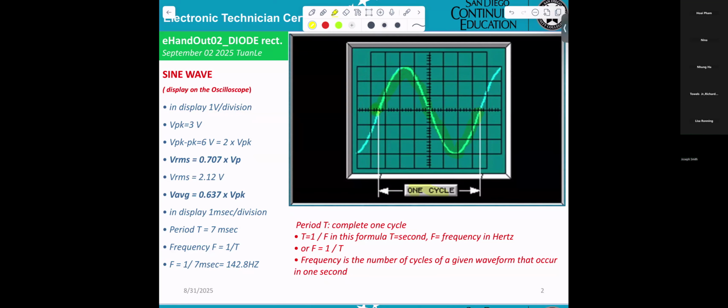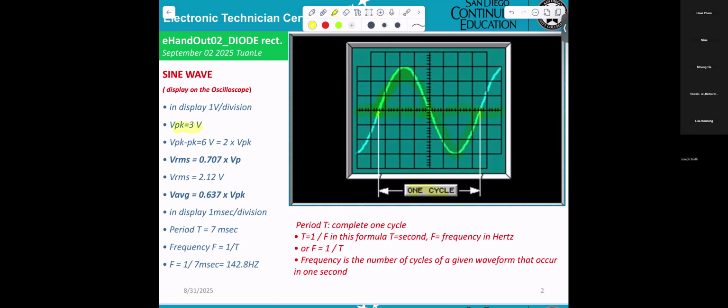And the voltage, okay, this signal displayed on the oscilloscope is zero here. That is a V peak, 3 volt, 1 volt per division. And peak to peak will be double.